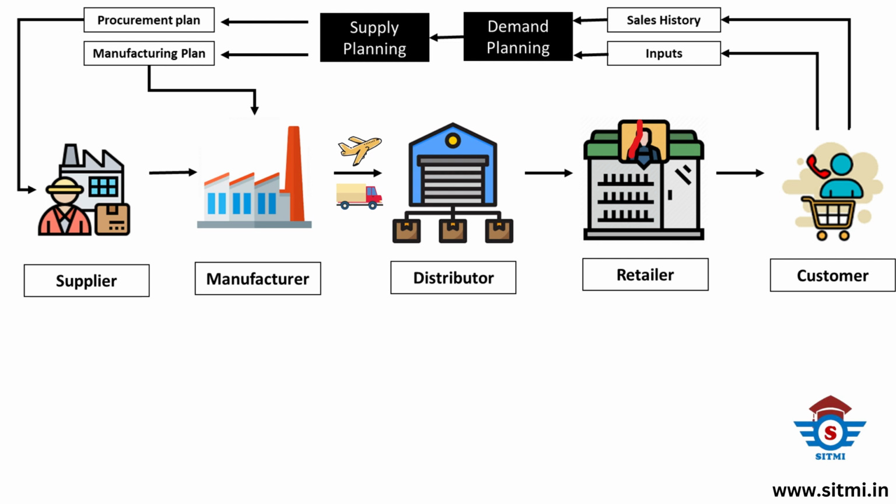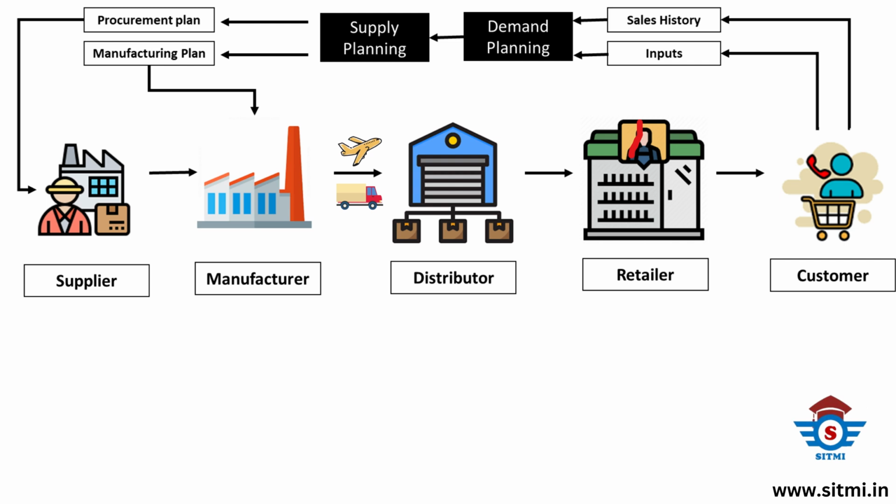Once the product is built, it is distributed through warehouses and transportation methods to different partners like wholesalers and distributors, and once that is done, the product goes to the retailer, and from there access to the end customer is available. Now this is the overall flow in supply chain management.